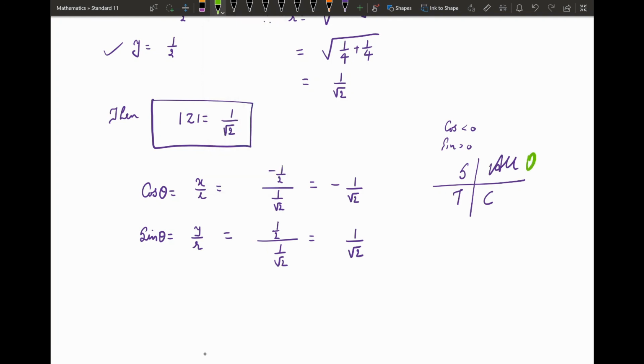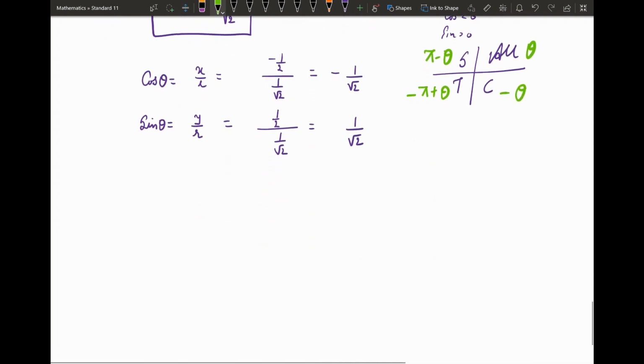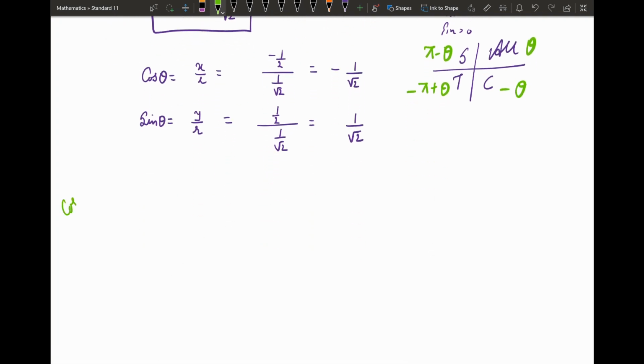In the first quadrant theta, in the second quadrant pi minus theta, in the third quadrant minus pi plus theta. Without the sign, cos theta equal to 1 upon root 2, then theta will be pi by 4. Taking this as a base, we have to go into the second quadrant.